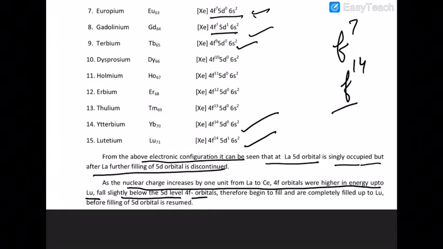In the case of 5d, n plus l: n is 5, l is 2, so the answer is 7. In 4f also you have 4 plus 3, that is 7. So both 5d and 4f have the same value of n plus l. Are you sure about that? But according to the rule we have already learned in class 11th.